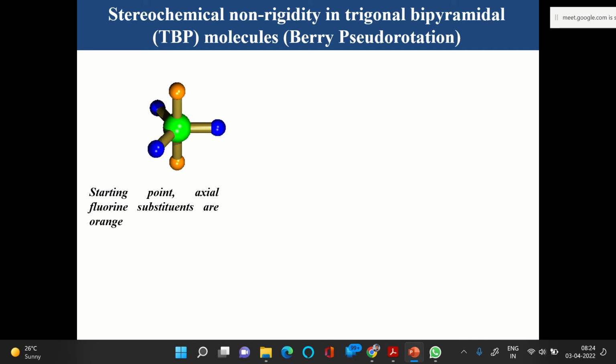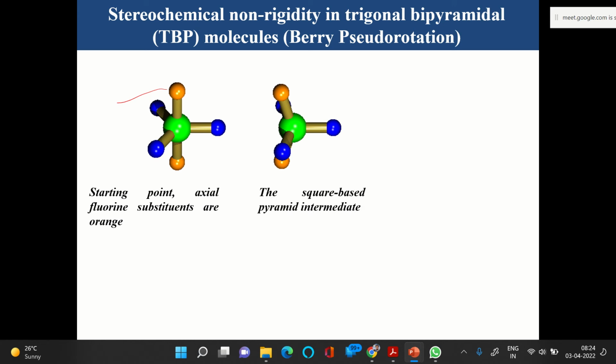So this is the first part of the movement that we talked about, the axial fluorine atoms start moving, and you get a square pyramidal type intermediate, and then finally two equatorial ones become axial.